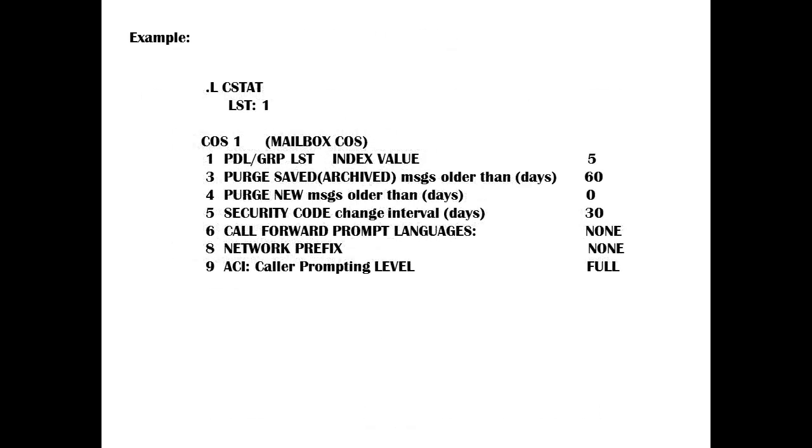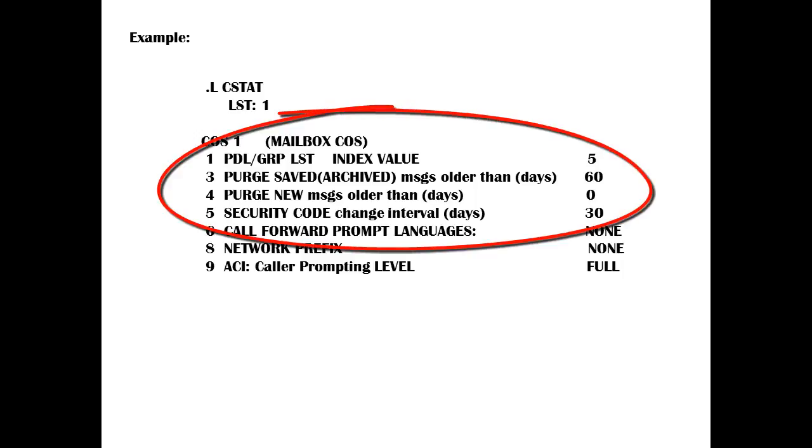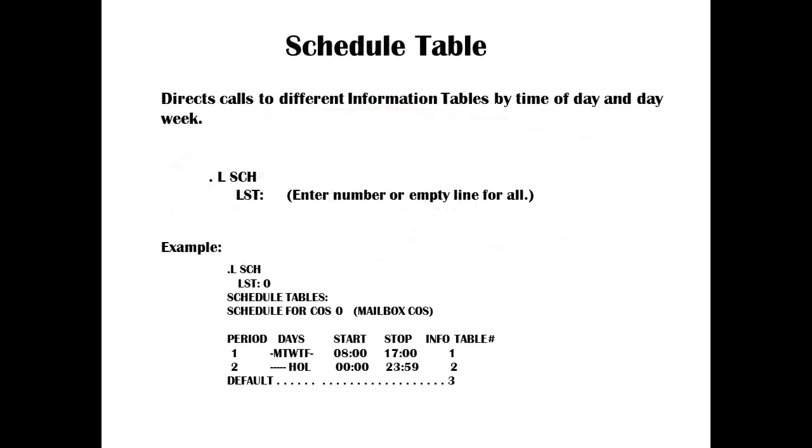Looking at this example, we can see that CSTAT 1 is associated with class of service 1, in which class of service 1 users will have these additional defined parameters: the ability to configure 5 personal distribution lists, saved messages will be purged at 60 days, and they will be required to change their security code every 30 days. The schedule table.